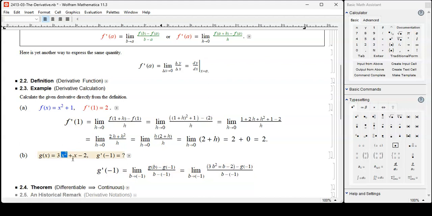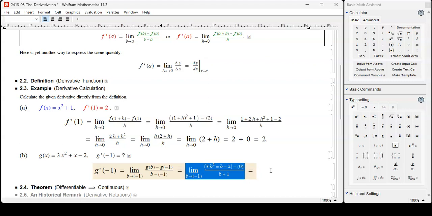So 3 minus 1, another minus 2, oh, this entire thing is 0. So g of -1 is 0. And then b minus -1, so plus 1. Looks like this is a computation I have to do. Please check, did I do this computation right? g of -1 is 0.